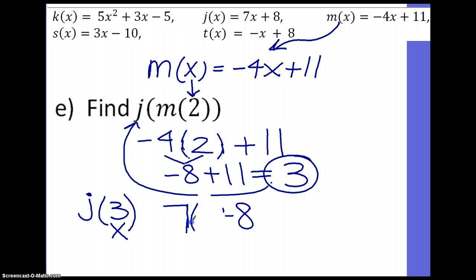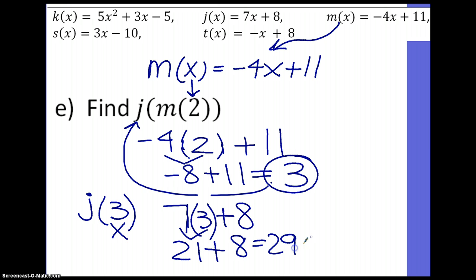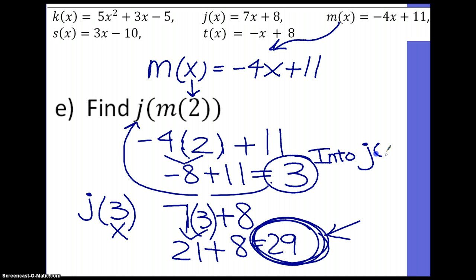We're going to have 7, plug it in for x, and 7 times 3 is 21, plus 8 is 29. That's our final answer here. So what we did again, we put 2 in for m, got the answer, then put that answer into function j. Okay? And then that would be our final answer.